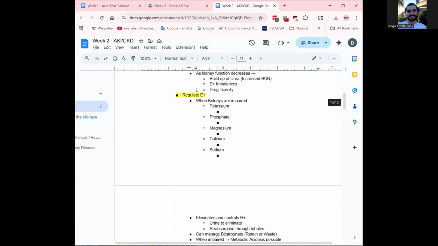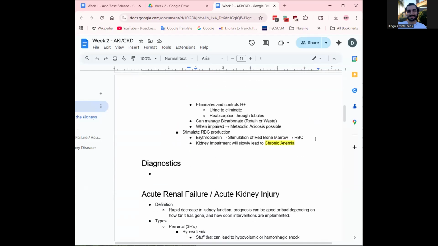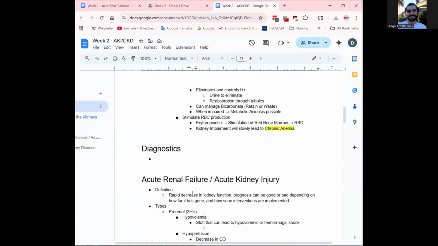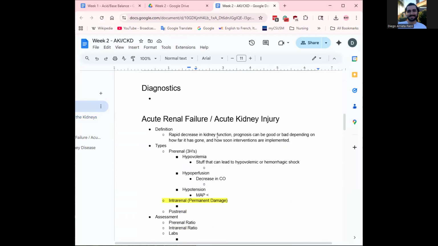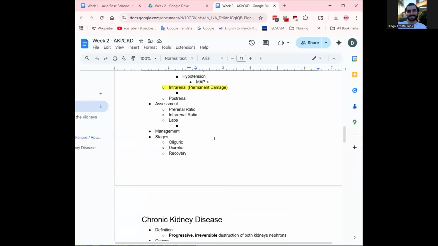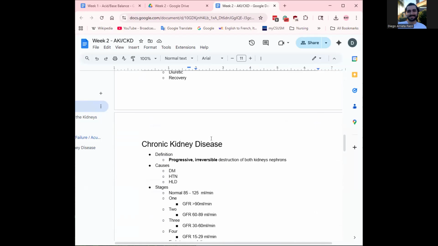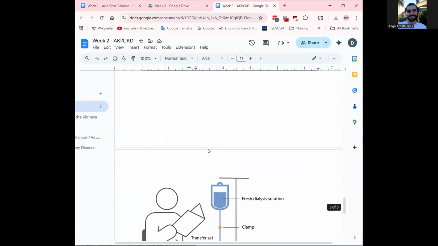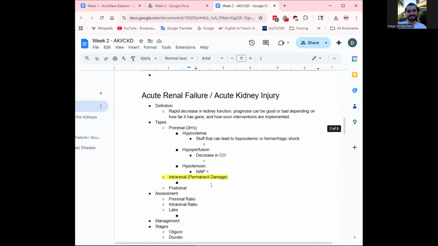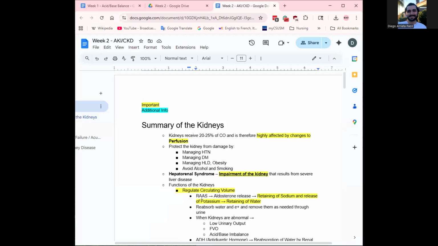You guys will be tasked with which electrolytes are thrown off, how they're thrown off, and stuff. We'll go over the diagnostics, and then we'll go into specifics on acute kidney injury, as well as chronic kidney disease and dialysis. So this one will be a little bit long. I'm not going to lie, we'll probably go the entire way for this one.